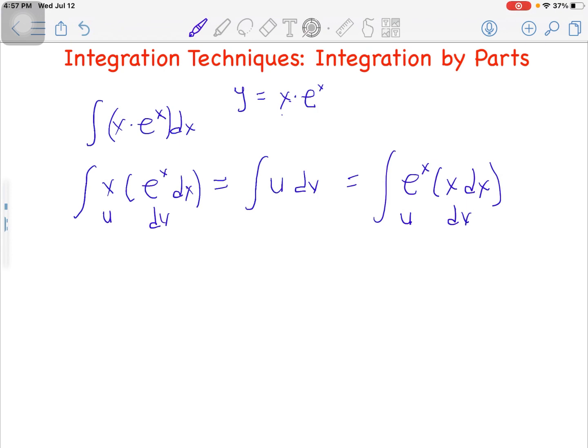But remember that in integration by parts, we choose the one to be our dv if it can be integrated, and then we choose u to be our u if it can be differentiated, and we choose it in such a way that as time goes on, it will make the original function as simple as possible for us to solve, rather than increasing the complexity.